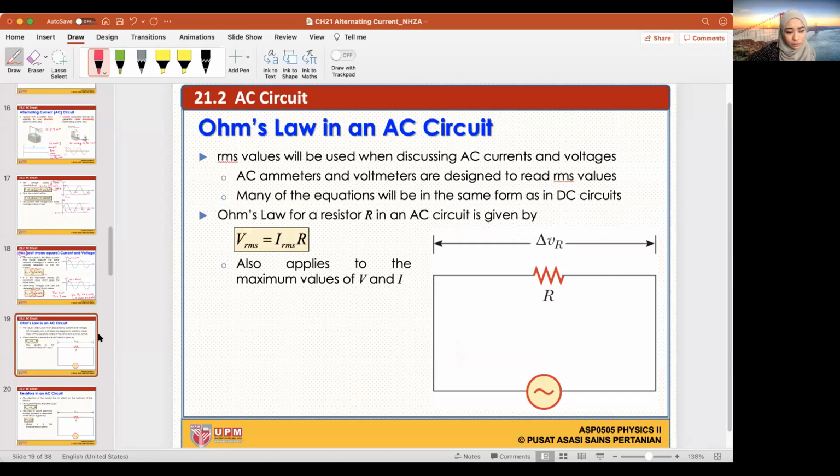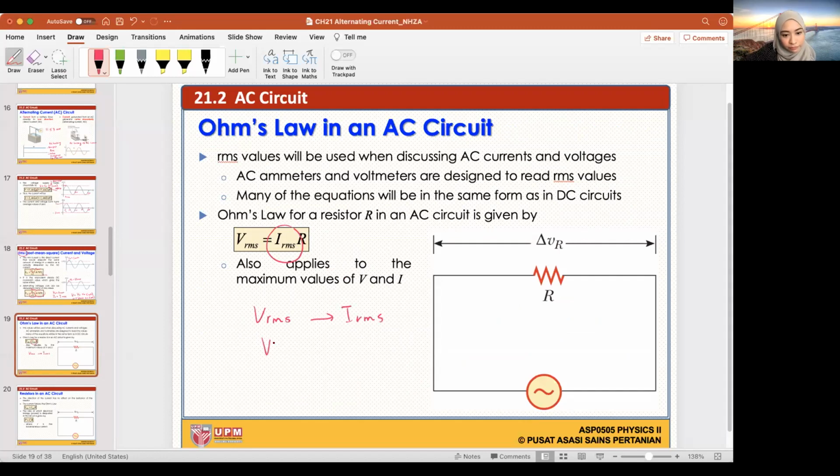So that was root mean square. Basically, your maximum value over square root of 2, or 0.707 times your maximum value. If you have a VRMS and you want to find the IRMS, you can use Ohm's law. If you use VRMS in Ohm's law, you will get IRMS.